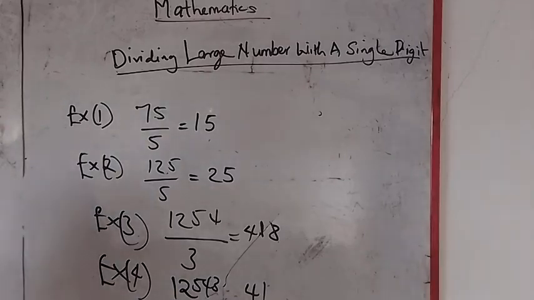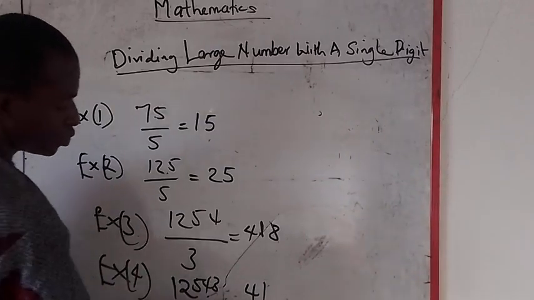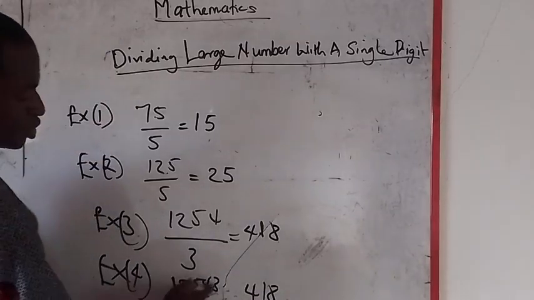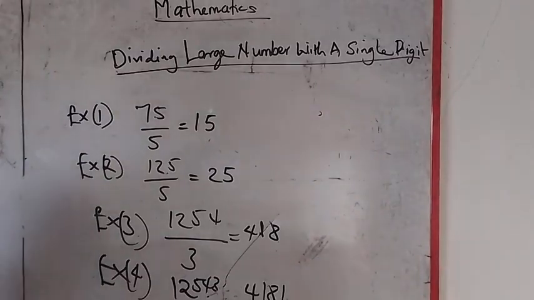You now have 24, which will be 8. So 3 into 3, that's the last digit here, goes 1 time. So from what you are seeing here, you can see that 3 can go into 12,543 4,181 times. That's exactly what you are seeing here.